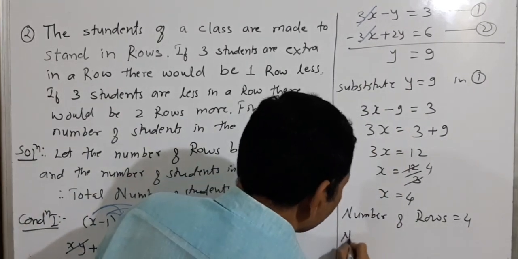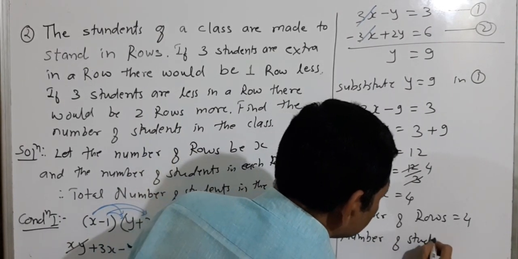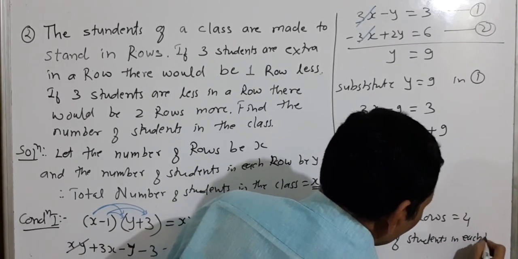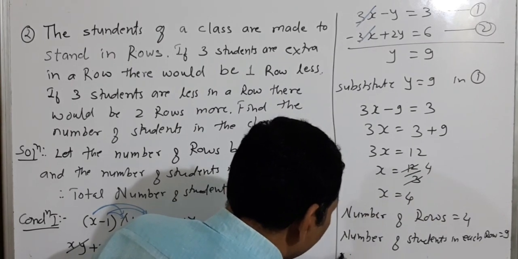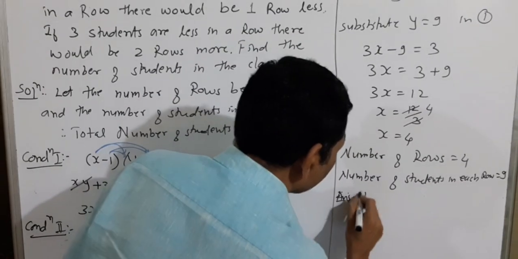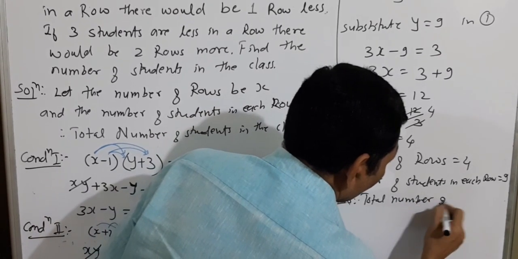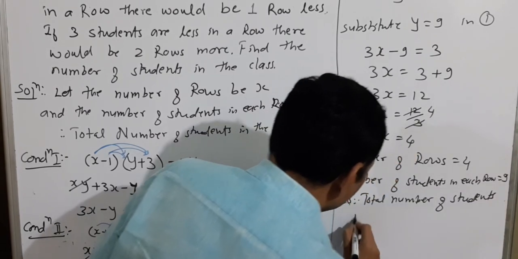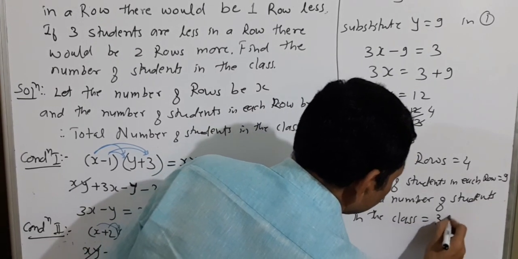So number of students in each row is equal to 9. And therefore what is total number? Therefore that is our answer. Answer: total number of students in the class is equal to 36.